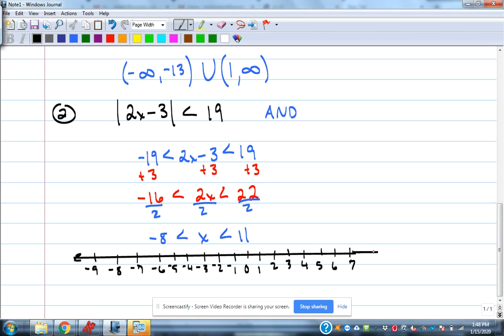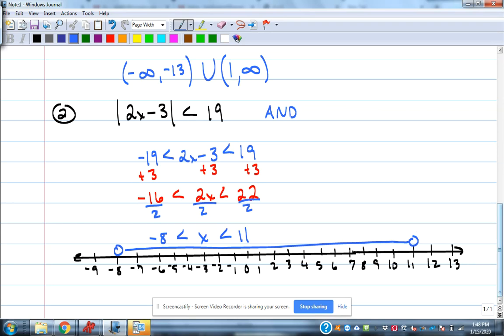Extend it out here. What goes above the negative 8? An open circle. And then what goes above the 11? Open circle. Where are the answers for an and problem? In the middle. There's our solutions right there.